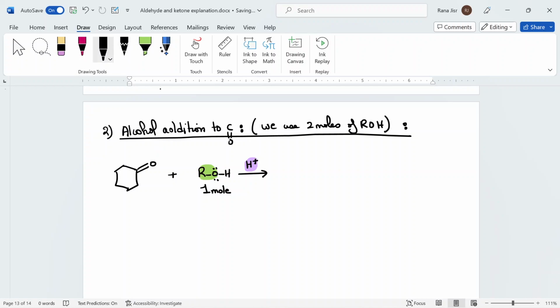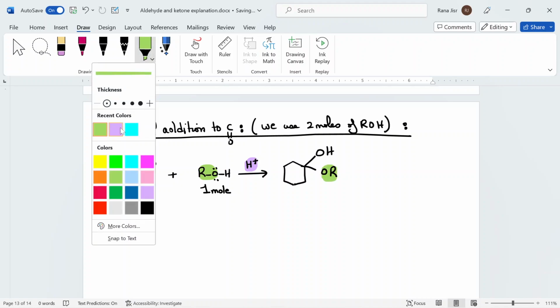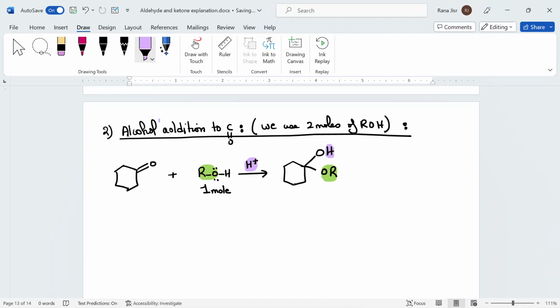So my product for the first step of the reaction is going to be an oxygen, a hydrogen, and an OR. So let's label them. The OR comes from the alcohol, and the hydrogen is going to come from the acid. This here, we're going to call a hemiacetal.